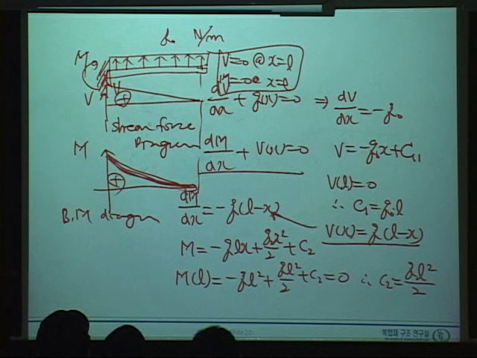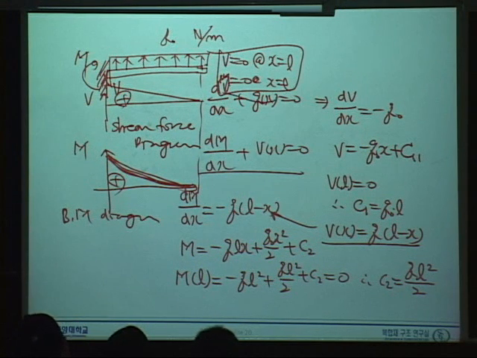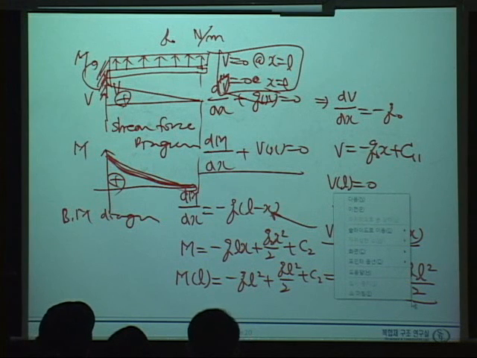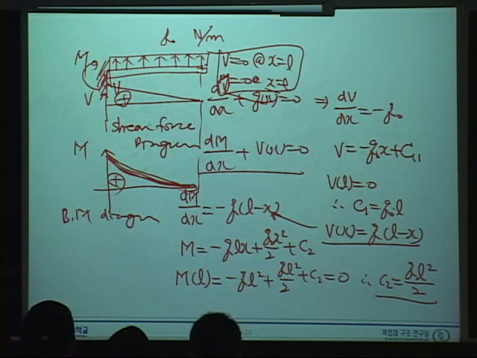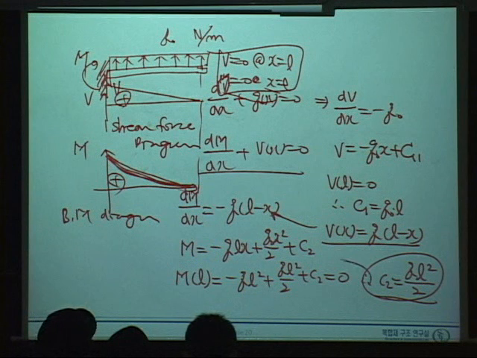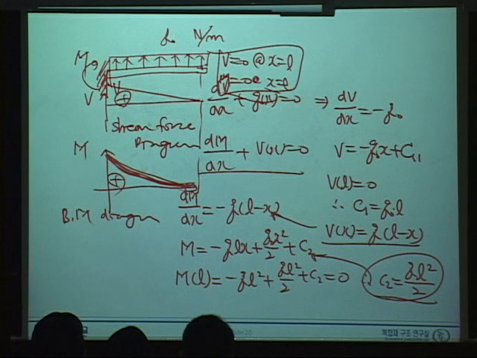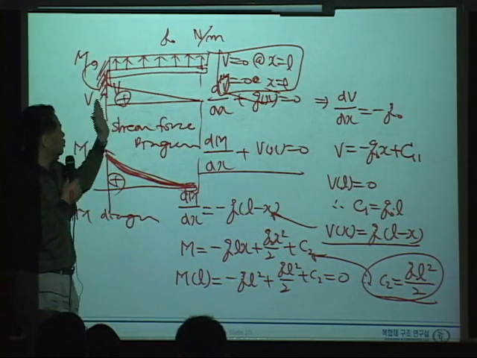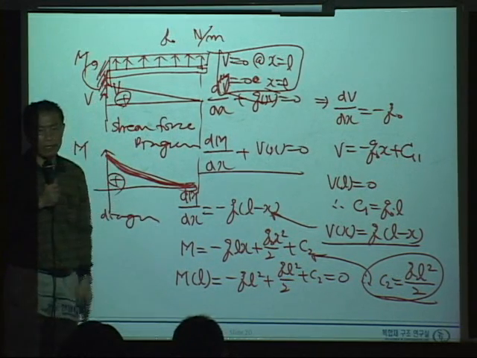Well, we have the condition, moment equals 0 at x equals L. So from that condition, we can get the C2. If we put these things in, then we can get the moment like that. So for this kind of case, we have a shear force like that and bending moment like that.